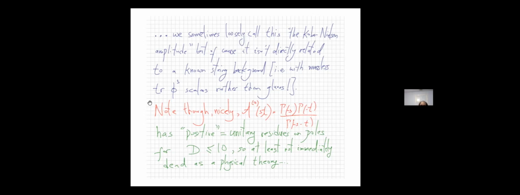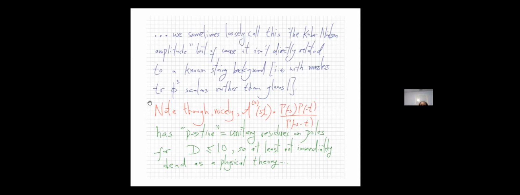Of course, it's not any amplitude that Koba-Nielsen wrote down. And there's no known string background that literally corresponds to this amplitude. In other words, for trace phi cube theory scalars rather than gluons. The conventional open string, bosonic open string has tachyons, and that doesn't give us this nice form with the Parke-Taylor denominator or this D-log form associated with these positive geometries.